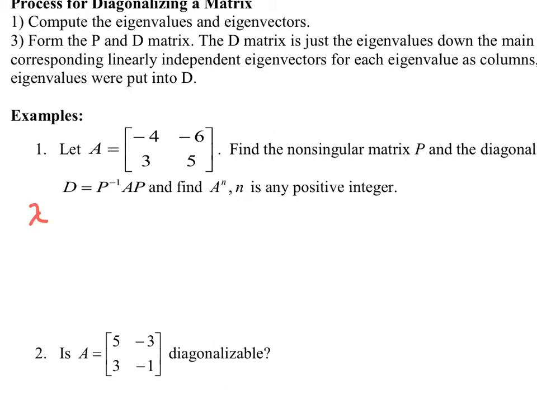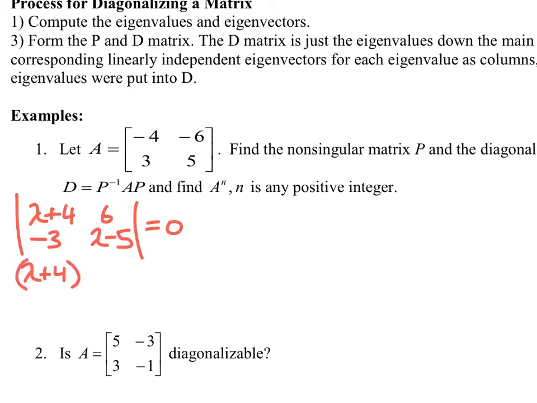So we're looking at lambda plus 4, 6, negative 3, and lambda minus 5. Diagonal down minus diagonal up, so it's still going to be polynomial. Dimensions determine what type of polynomial function it is. Minus a negative 18, so plus 18, is equal to 0.